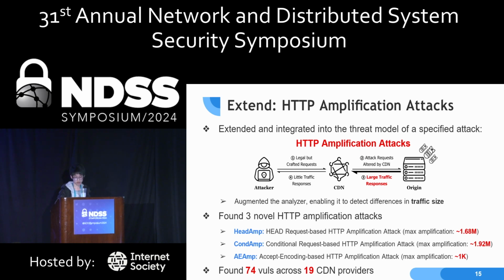The amplification factor can reach up to 2,000 generally, and even 1.92 million in some special conditions. So how serious is it? It means that an attacker can use a laptop or a mobile phone to launch a DDoS attack. No botnet is needed. In the eyes of the attacker, the CDN is the botnet. This attack affected 19 CDNs and caused a total of 74 vulnerabilities.